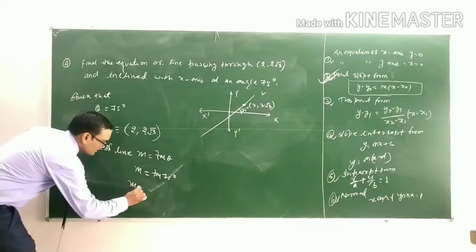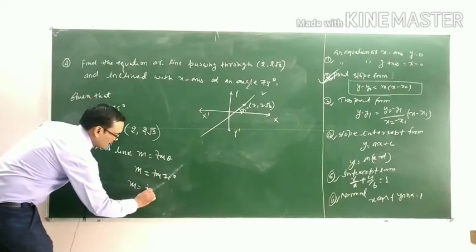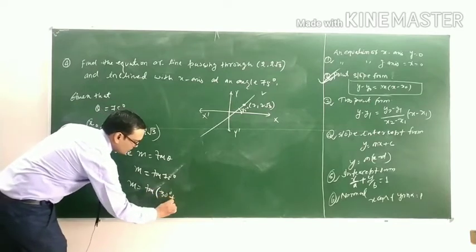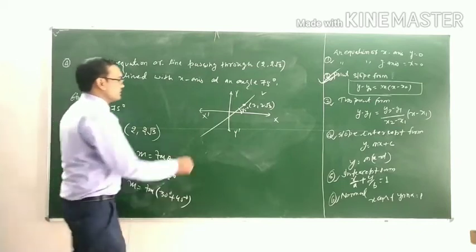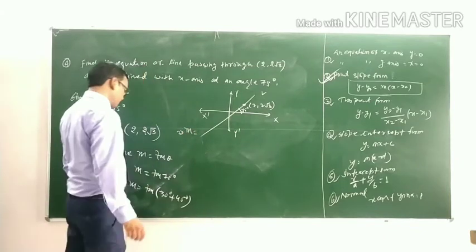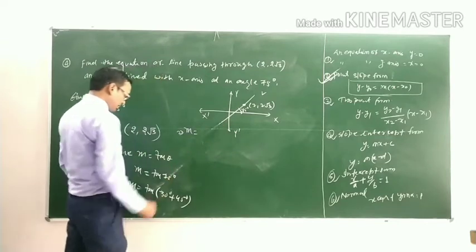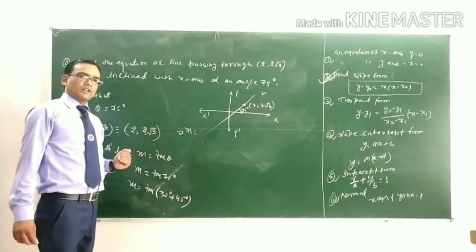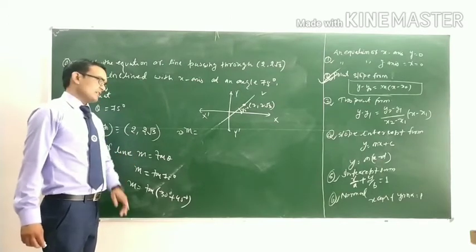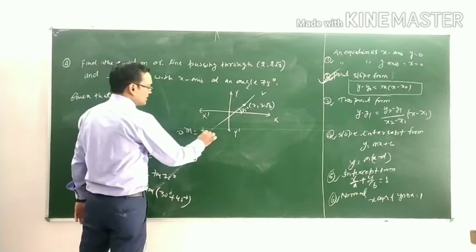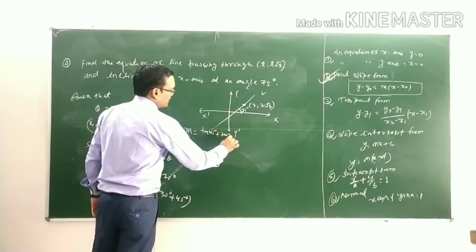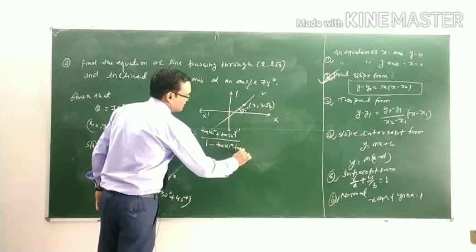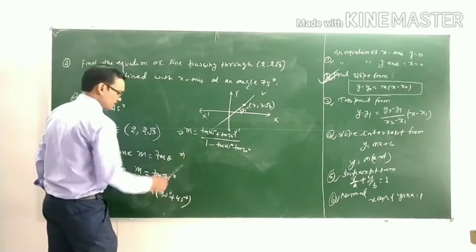Okay students, tan 75 is written as tan of 30 plus 45 degrees. This implies m equals tan(a plus b), which is equal to (tan a plus tan b) upon (1 minus tan a tan b), that is, (tan 45 plus tan 30) upon (1 minus tan 45 into tan 30).